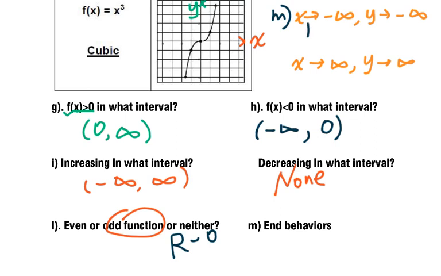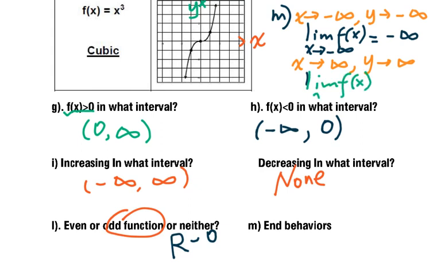And I will write down the limit notation. Limit of f(x) as x goes to negative infinity equals negative infinity. Limit of f(x) as x goes to positive infinity equals positive infinity.